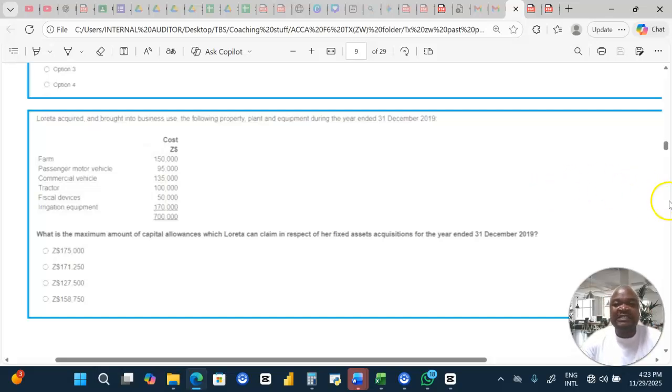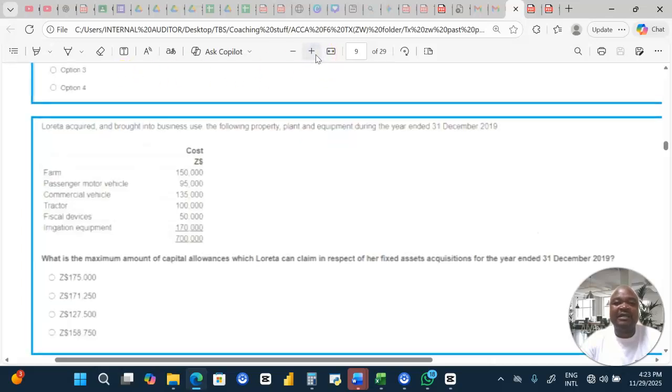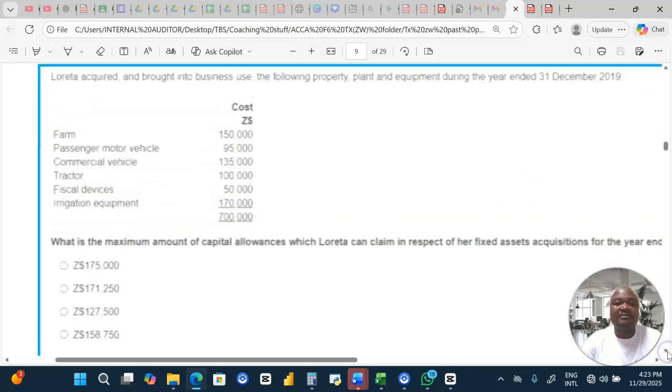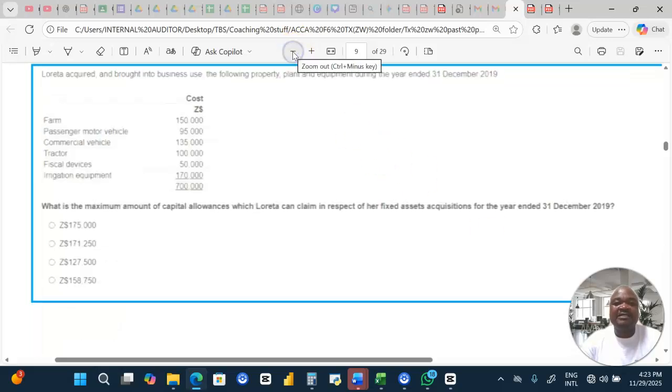Let's do this question. It has got some capital allowances and it's a little bit interesting. It's not as boring as the questions we've been dealing with so far. It was so boring. Okay, are you guys seeing my screen properly?